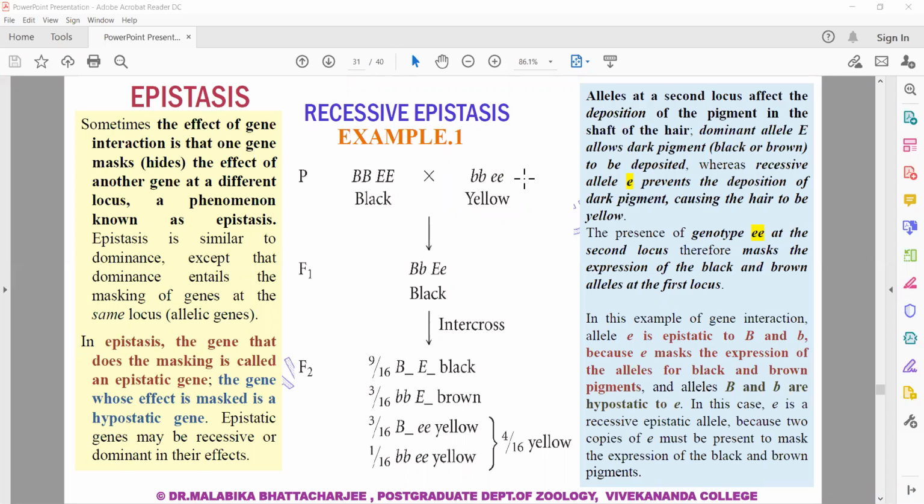So small e is a recessive set of gene, it's a homozygous gene. The gene that is masking is known as the epistatic gene, in this case small e, and the gene that is being masked, whose phenotypic expression is being masked, is the hypostatic gene, in this case capital B, small b.